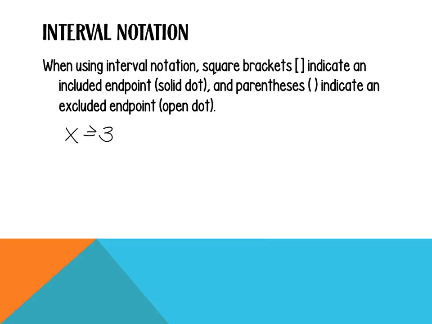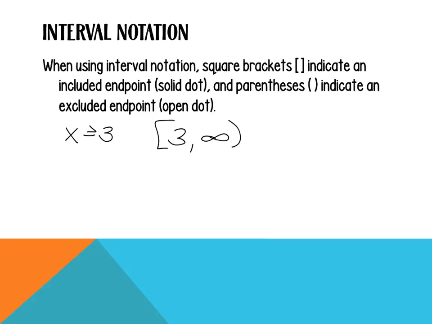The smallest value for this would be 3, and you go to the largest value. So if it's greater than 3, is there an end to it? It could go to what? Infinity. So with interval notation, an or equals to, which is going to be an included point, gets a bracket. And then infinity gets a parentheses.